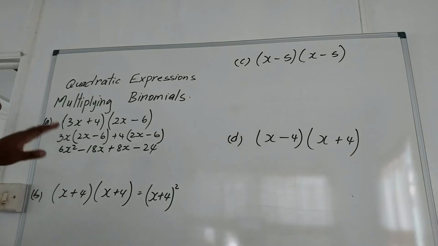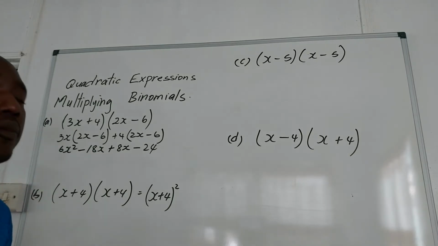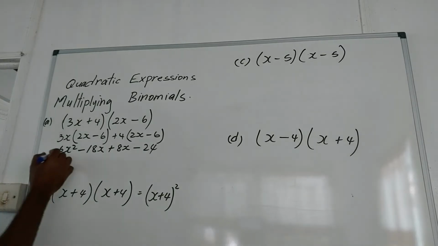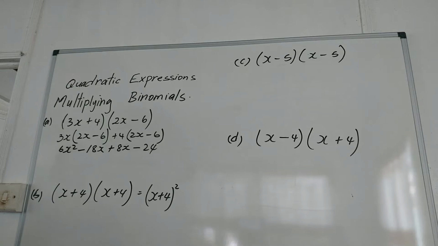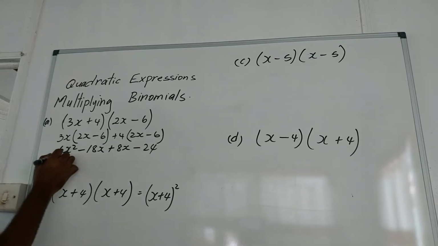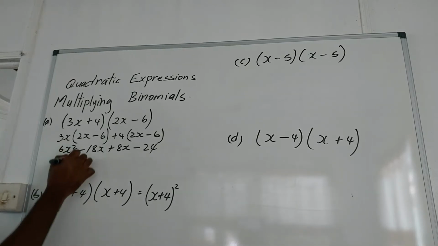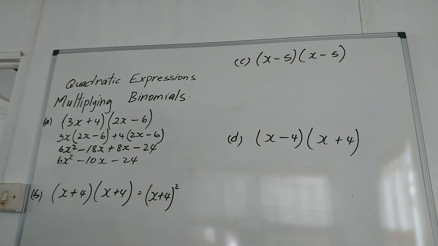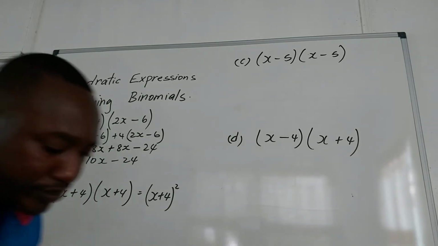And since the 18 is bigger than 8 and the 18 is negative, our answer will be negative. So we have 6x squared minus 10x minus 24 for our answer.